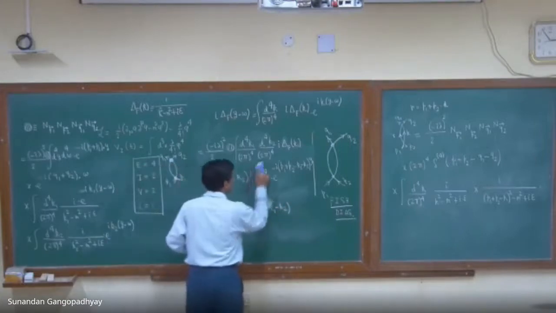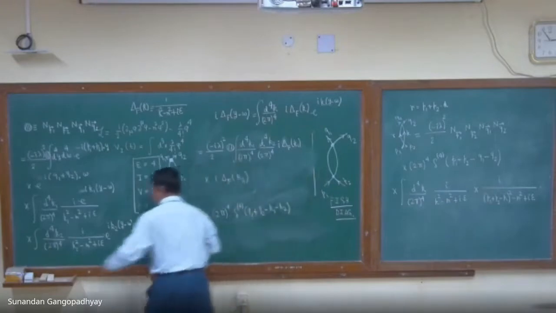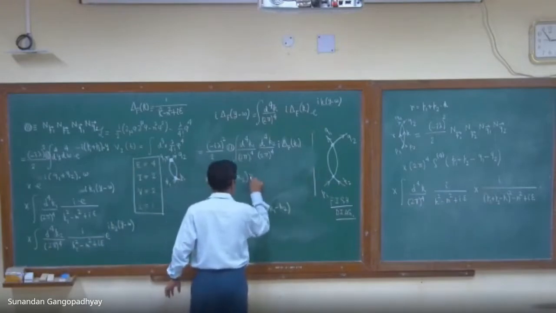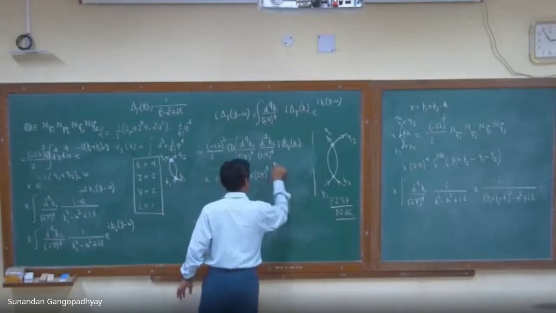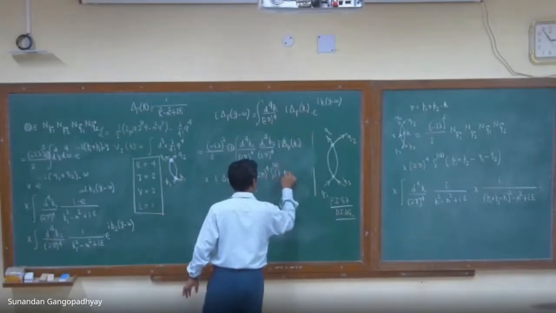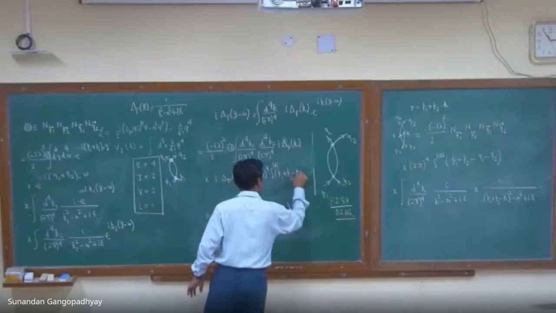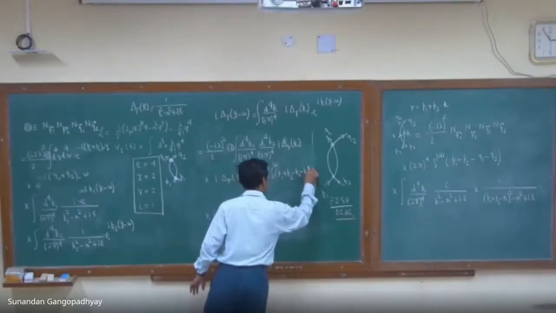And this also gives us a factor of 2π to the power of 4 times the 4-dimensional Dirac delta function δ(p1 + p2 minus k1 minus k2).